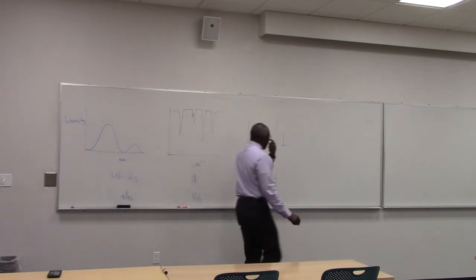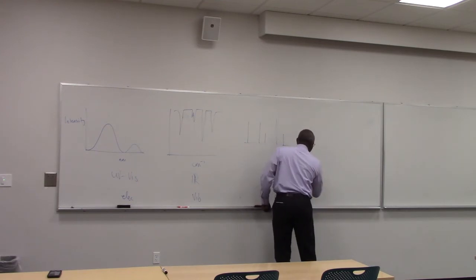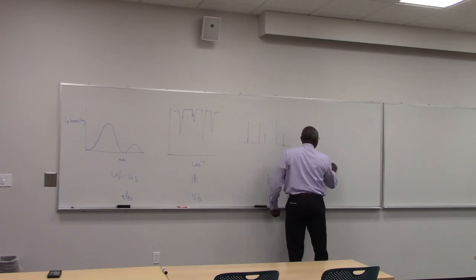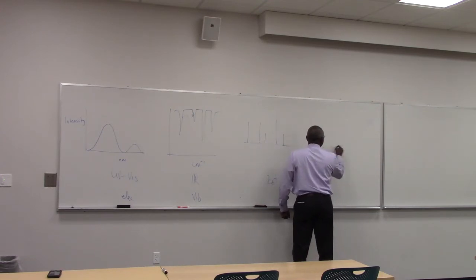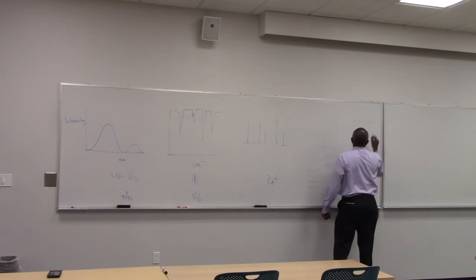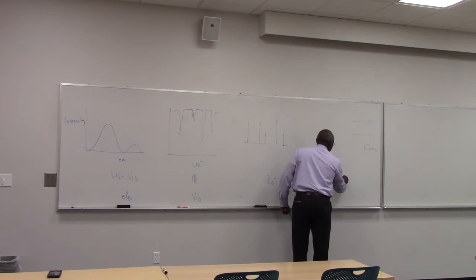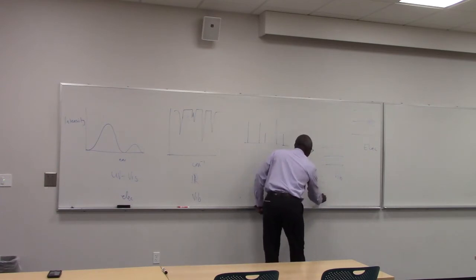Right, so the reasons are actually quite simple. If you remember, these would be the energy gaps in the ROT, these would be the energy gaps in the VIB, these would be the energy gaps in the ELEC. So electronic, vibrational, and rotational.